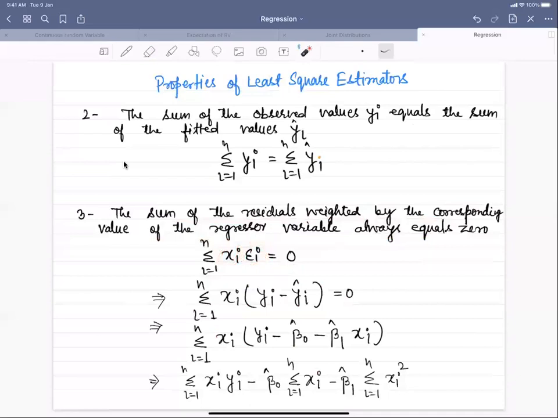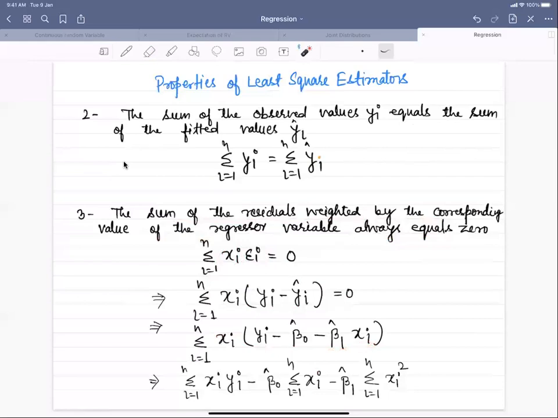Summation over i=1 to n xi epsilon i can be written as summation over i=1 to n xi times yi minus yi cap, and yi cap can be simply written as beta naught cap plus beta 1 cap xi, right?